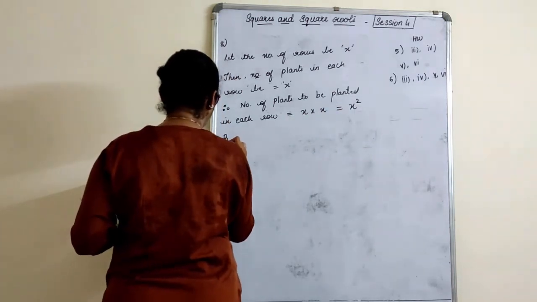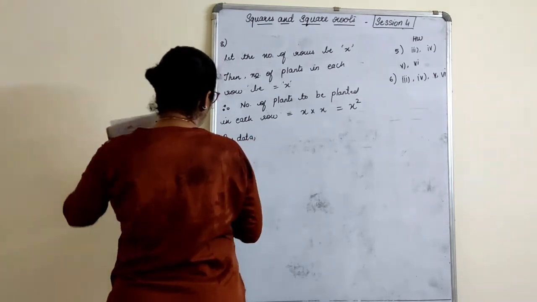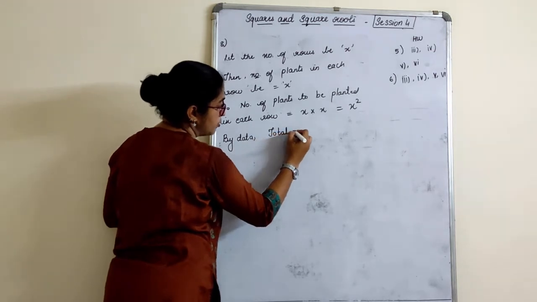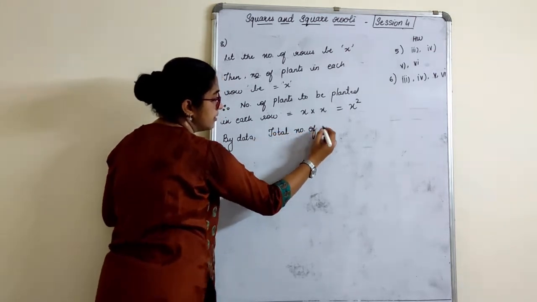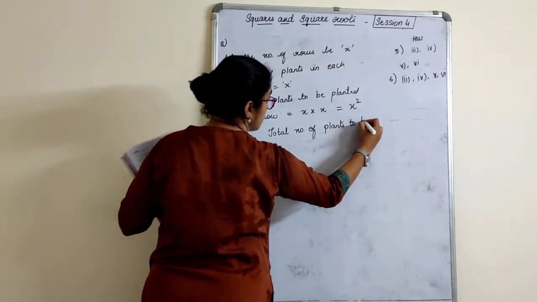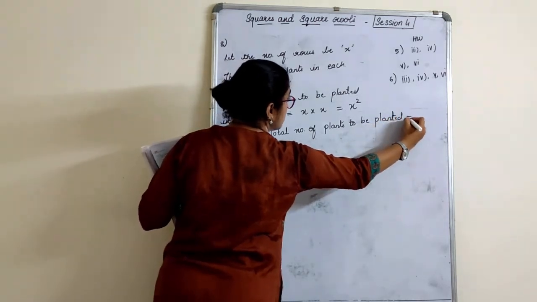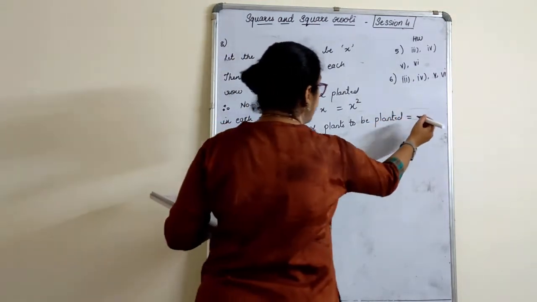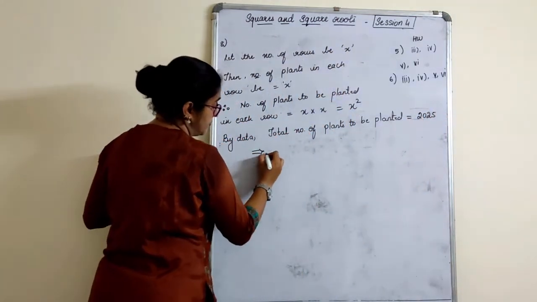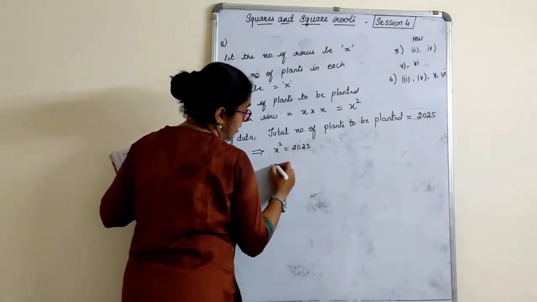By data, what have they given? Total number of plants to be planted is equal to how many? 2025. This implies x square is equal to 2025.